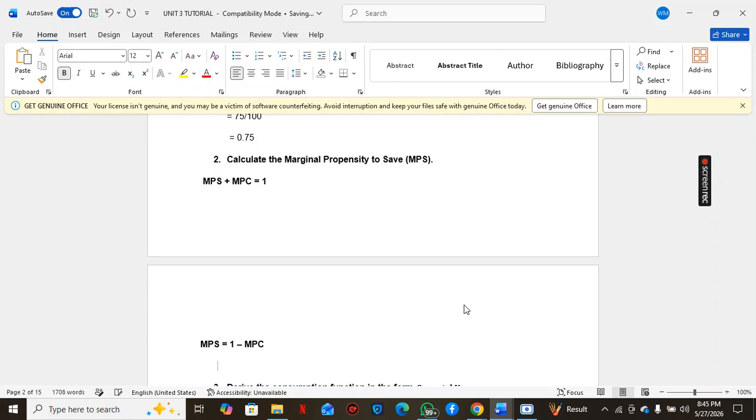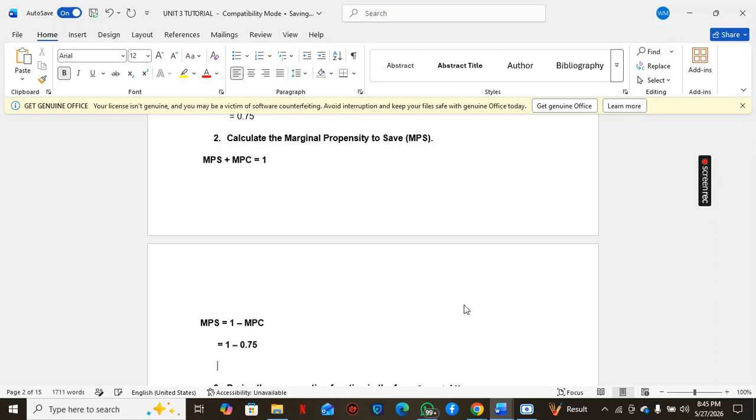Our marginal propensity to consume is 0.75. 1 minus 0.75, you get 0.25. That is one way you can do it. Colleagues, are we okay with this way?